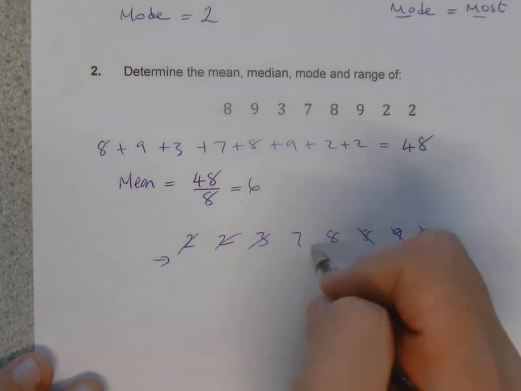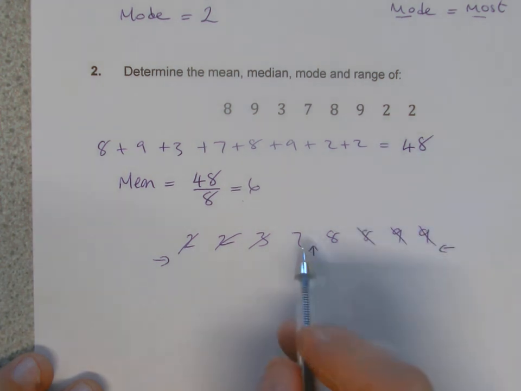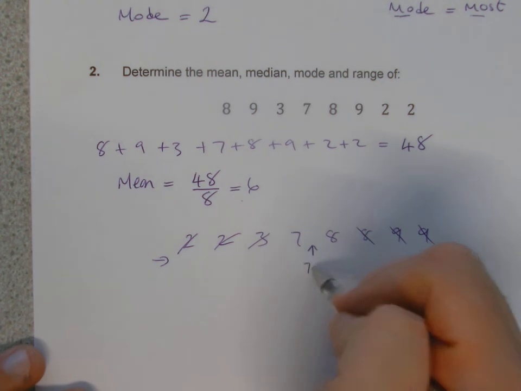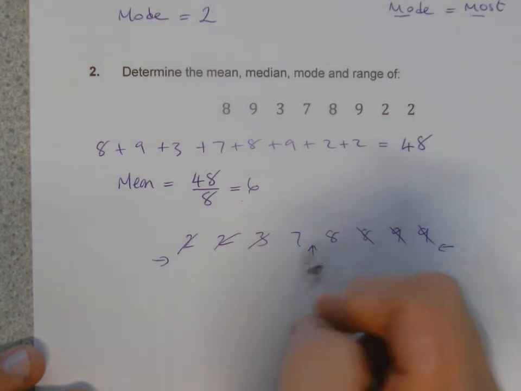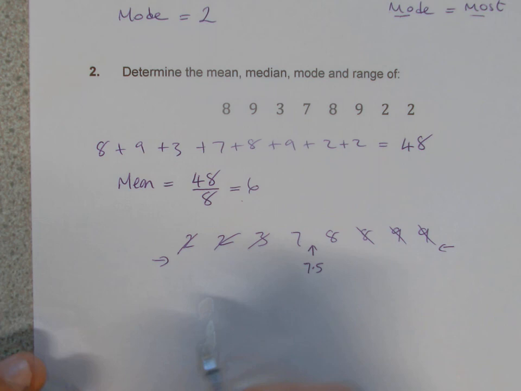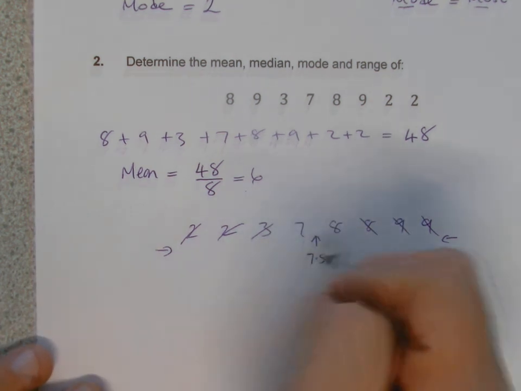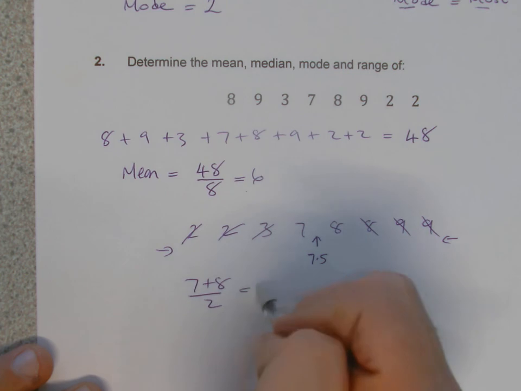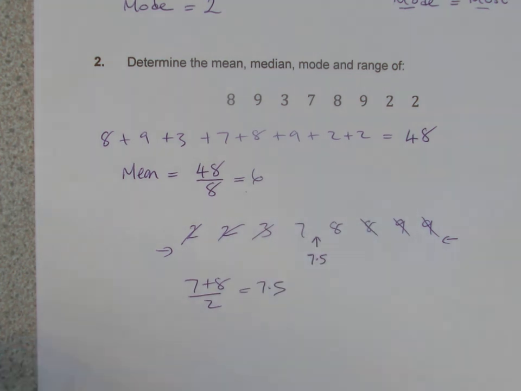So what number is between 7 and 8? If you think about it, it's going to be 7.5, isn't it? 7.5 would go there. That was quite easy to work out, but if you're not sure, what you can do is add those 2 values, 7 add 8, and divide by 2, and it'll give you that centre value 7.5.